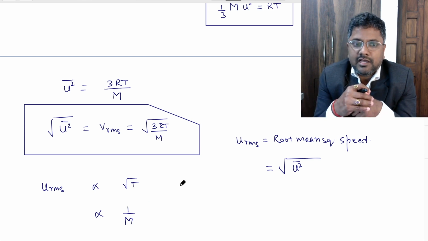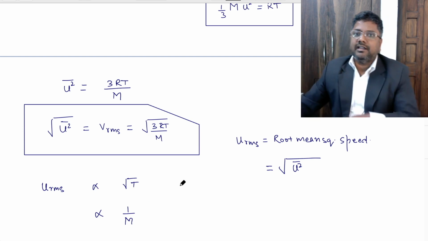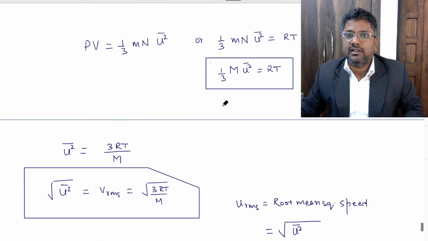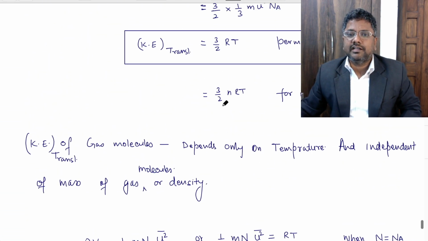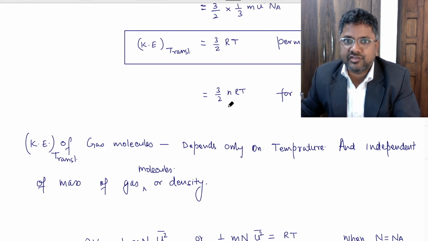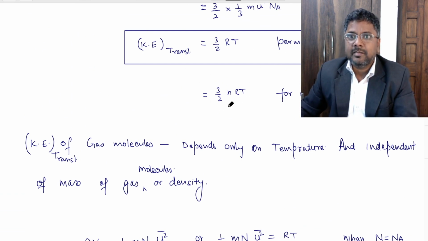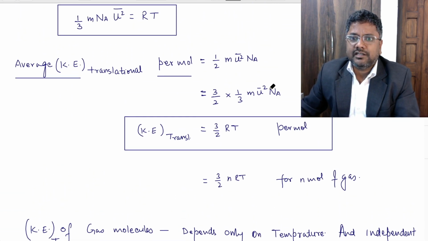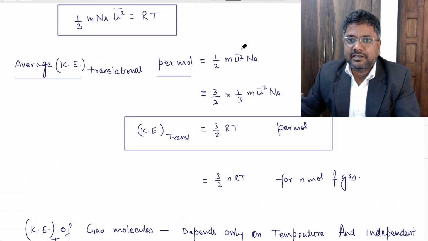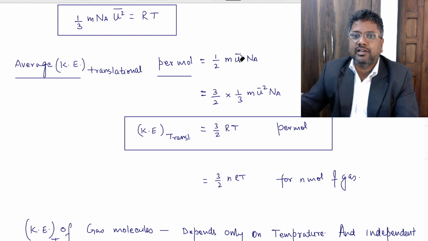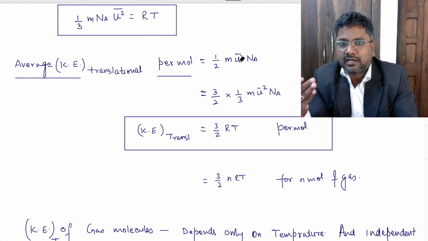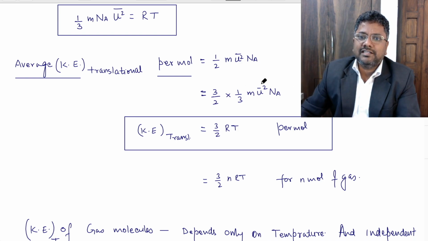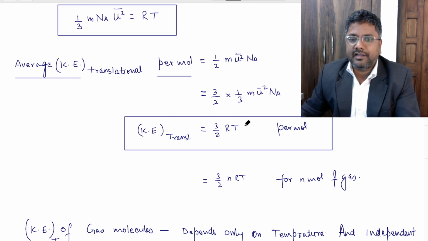But kinetic energy, translational kinetic energy, depends only on temperature. The u bar square includes the difference due to the mass, so that's why kinetic energy becomes independent of the mass.